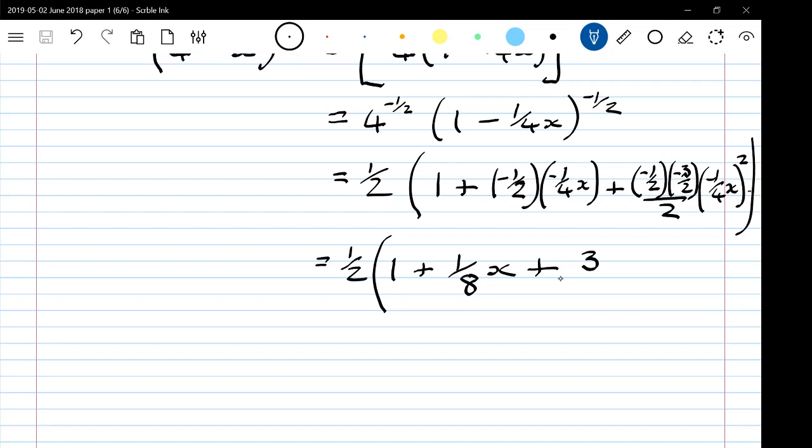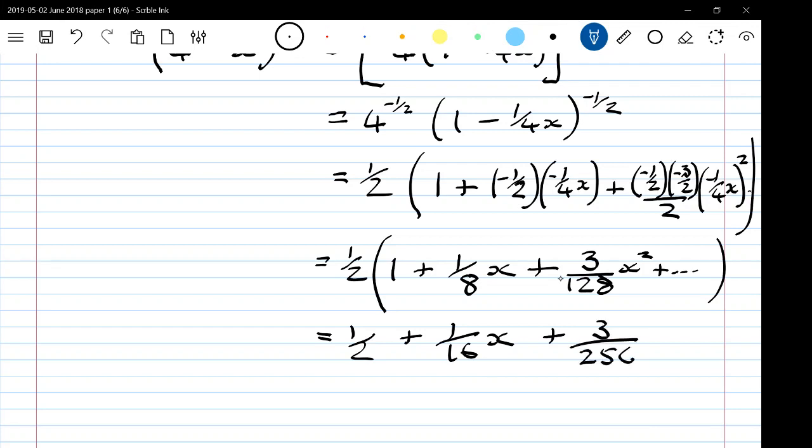So we've got 8 times 16, which is 128 times x squared. So the answer for this was a half plus a 16th of x plus 3 over 256 x squared.